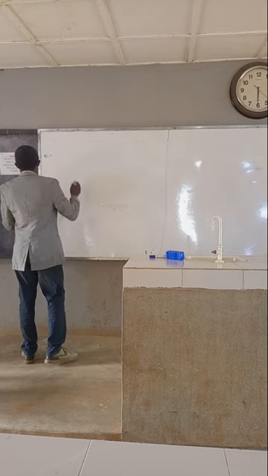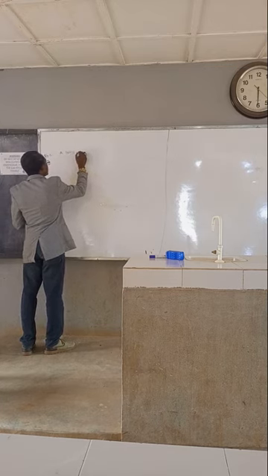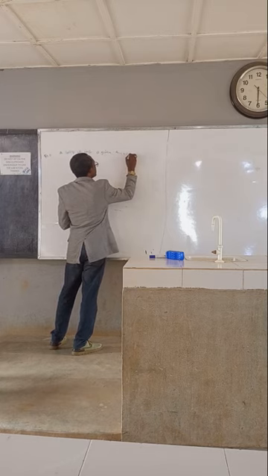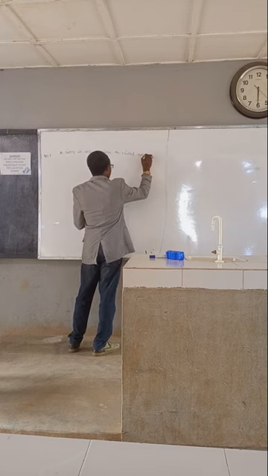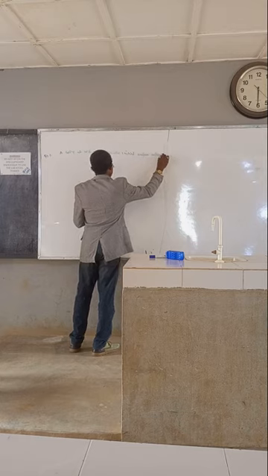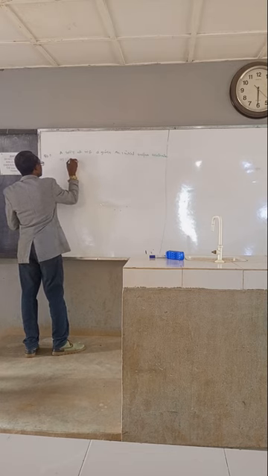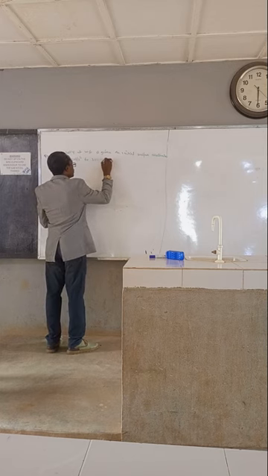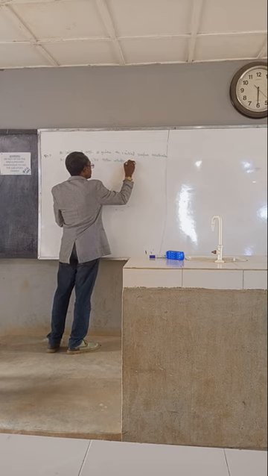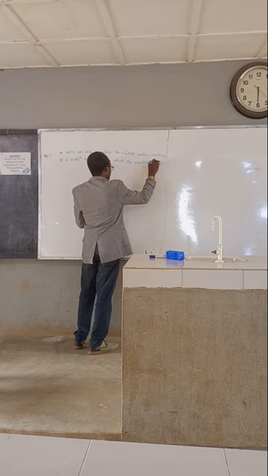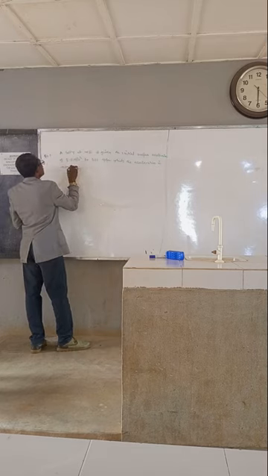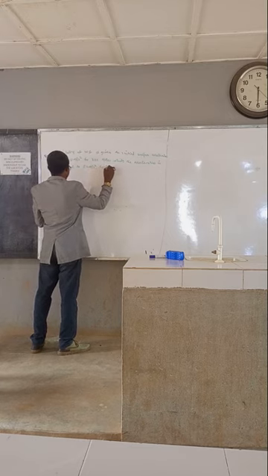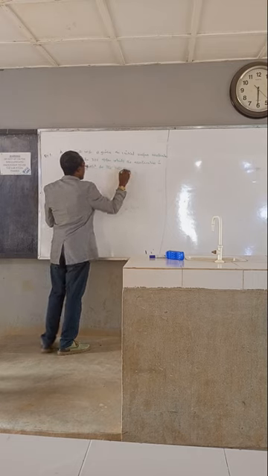Now, the question is: a body at rest is given an initial uniform acceleration of 8.0 meters per second for 30 seconds, after which the acceleration is reduced to 5.0 meters per second squared for the next 20 seconds.